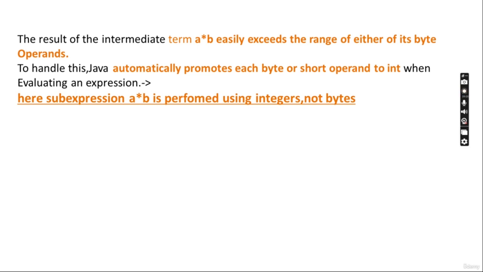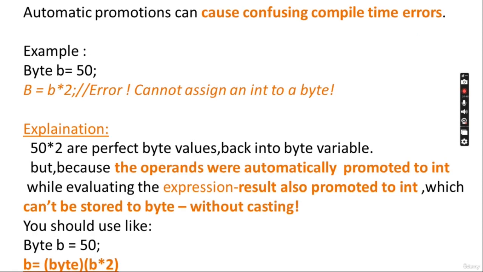To handle this, Java automatically promotes each byte or short operand to int when evaluating an expression. Here the sub-expression a * b is performed using integers, not bytes. So when it is performed using integers, it will not exceed the range.